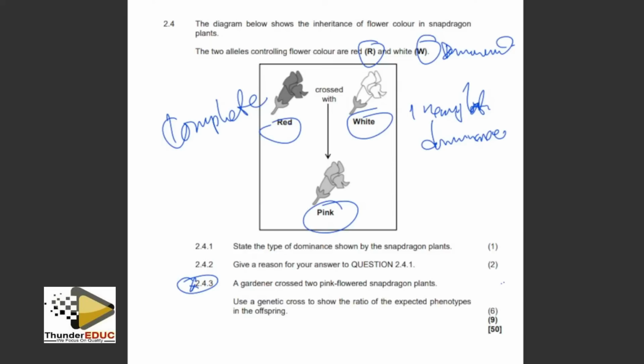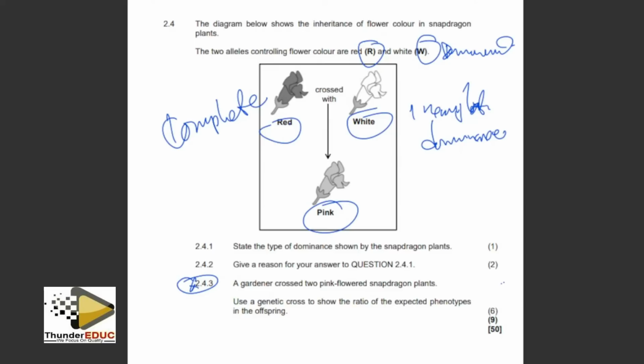And if I had codominance, red and white, I would have produced a mixture of red and white. But because this one is pink, a third phenotype, or an intermediate, therefore it is incomplete dominancy.